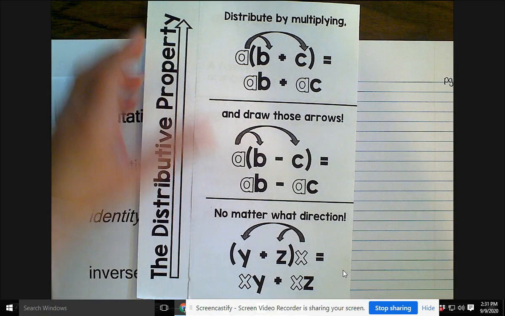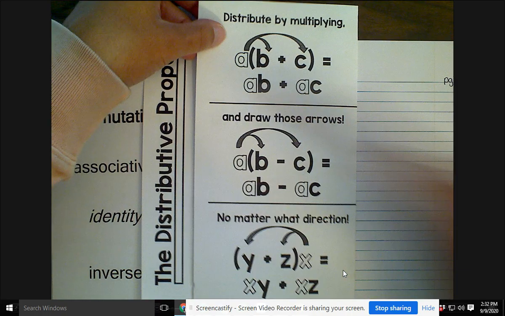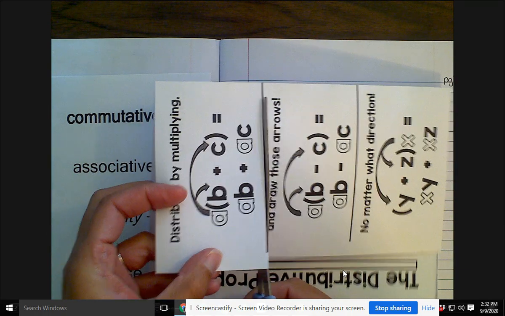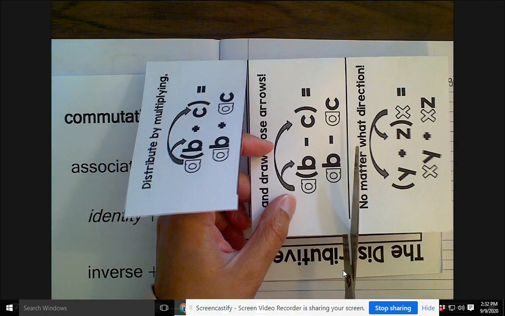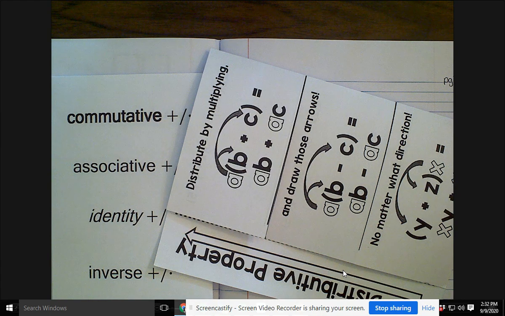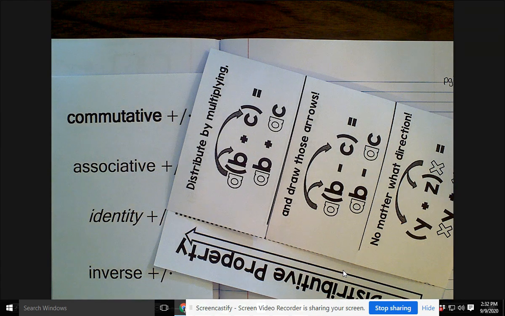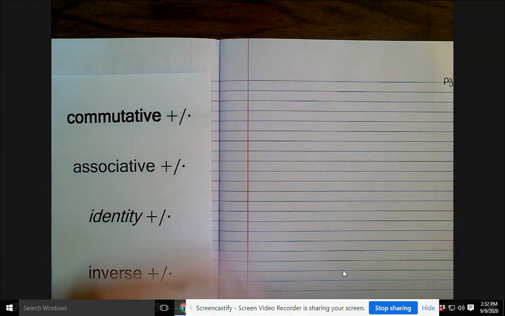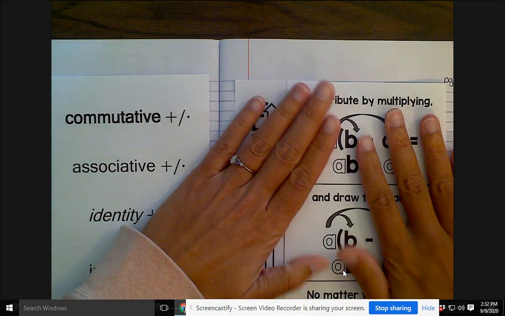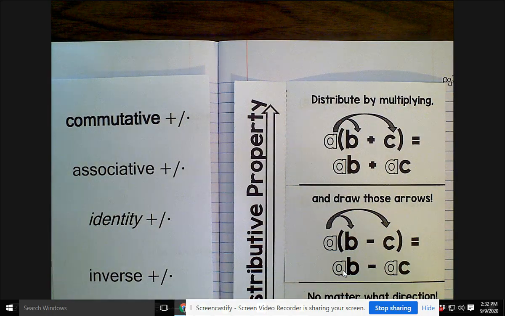And then on this one, you can cut each of these lines to make 2 little doors if you want. If you don't, it's okay. I'm going to do it because it's cute. Get a little tape or glue and put that on the back here. Put that on page 3. There you go. We'll fill that one out next time.